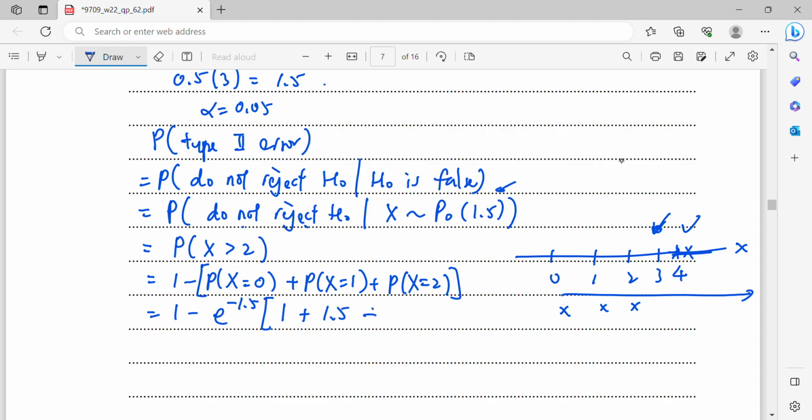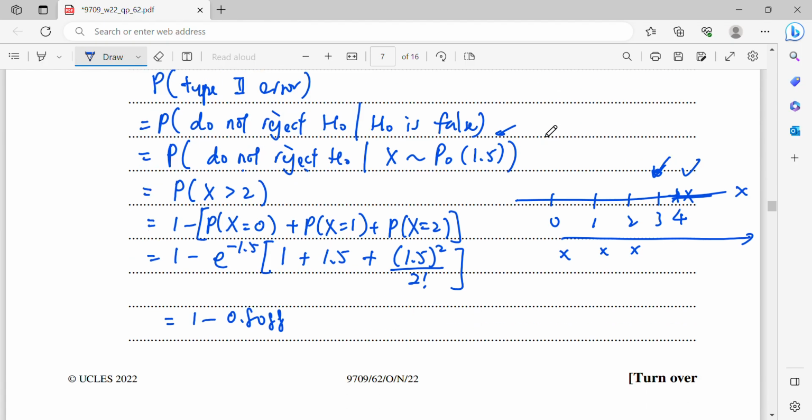Then the next one is going to be 1.5 squared over 2 factorial. Now when you calculate this, it will be 1 minus 0.8088. Leaving your answer to 3 significant figures, it is 0.191. So this is how we calculate the type 2 error probability.